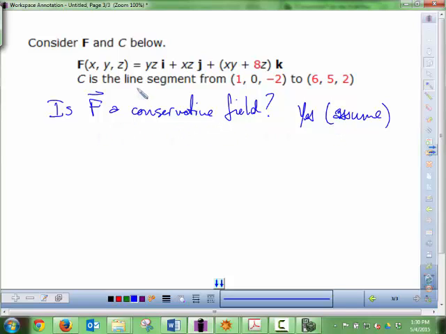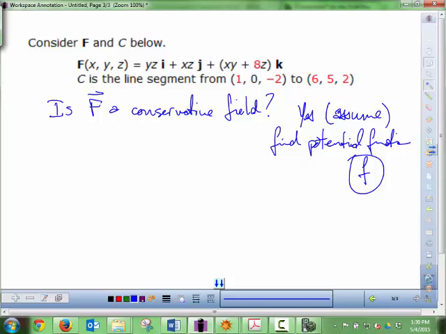So we dealt with a conservative vector field. If the answer is yes, we can find the potential. Let's use those fancy words that we just learned. So the potential function we'll call little f, with no arrows, not bold-faced.